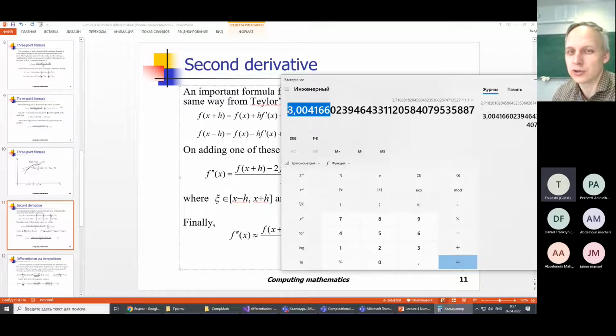It's enough to write just a few first digits after the decimal point.